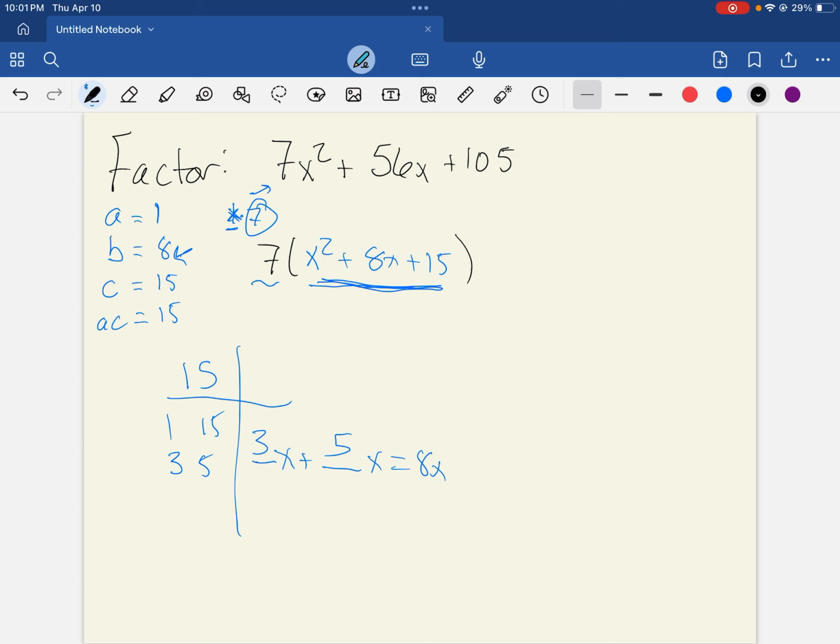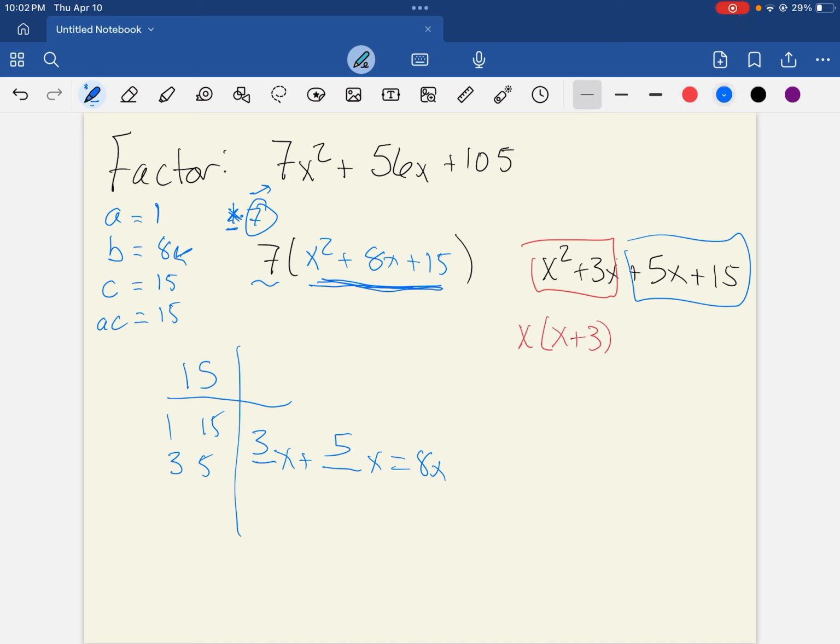So like before, what I would do is I would write out the pieces, and I'm going to find the GCF of my two pieces. And when I factor that original trinomial, I'm going to get x plus 3 times x plus 5.